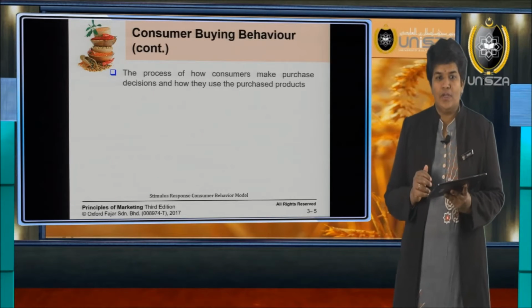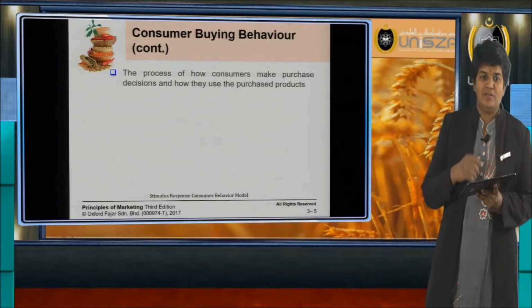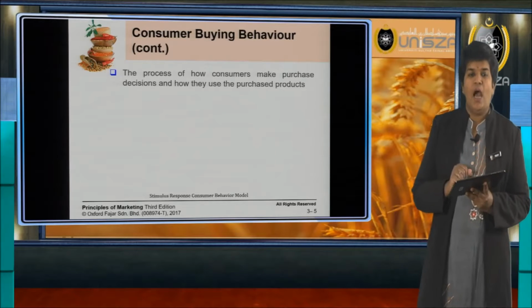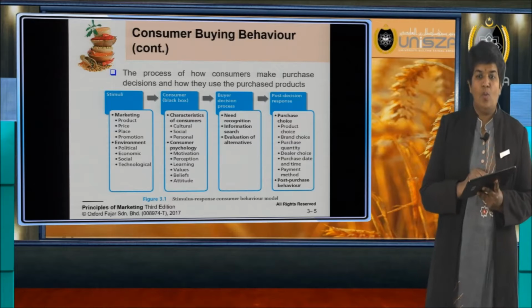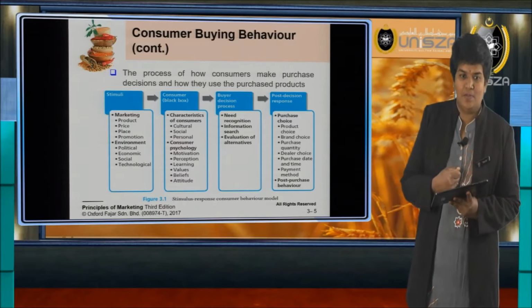Now let us look into the continuity of our consumer buying behavior. It's the process of how consumers make purchase decisions and how they use the purchased product. What will stimulate them to purchase the product?